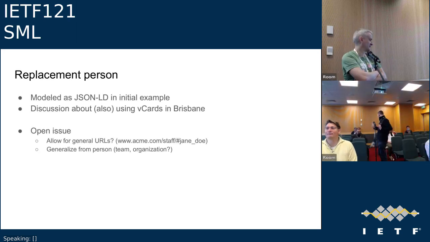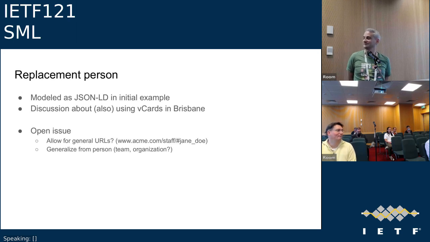Right. Pete, sorry. Well, I can save you the trip. So Pete is asking in chat, is there not a J card? And Robert is saying there's JSContact.